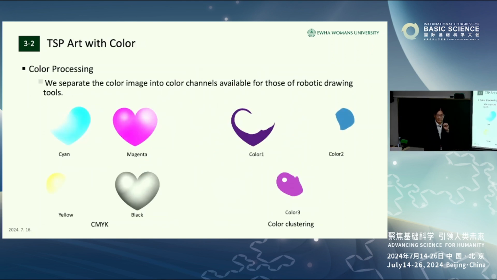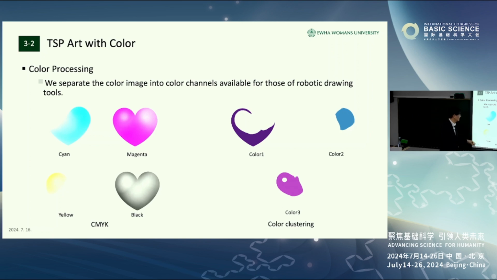The first thing that we have to do is that, since in typical robotic art forms we have only limited color brushes or pens, you have to find good candidates of color channels to approximate the input images. In our case, we use two different approaches. One is CMYK, which you might be familiar with if you are using a color printer.